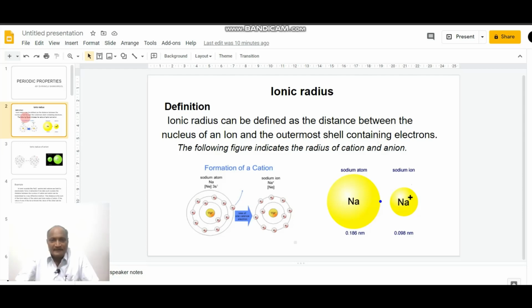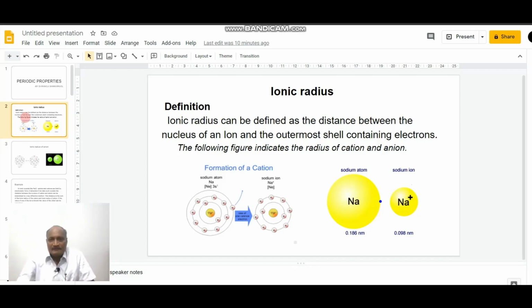Coming to the definition of ionic radius: ionic radius can be defined as the distance between the nucleus of an ion and the outermost shell containing electrons.